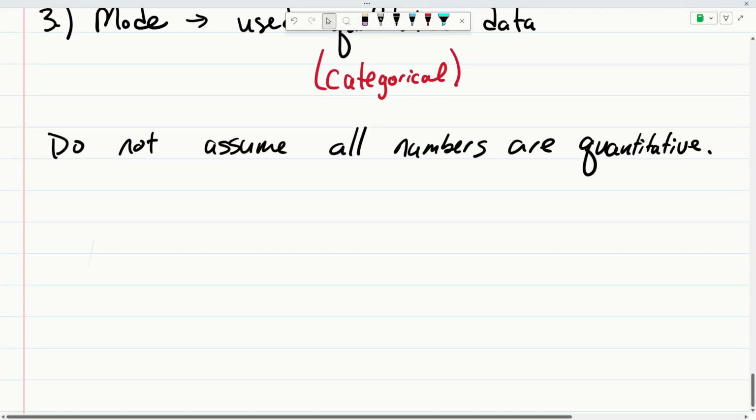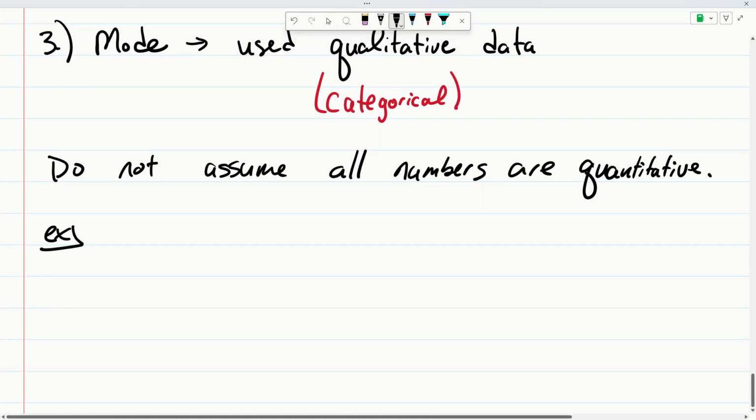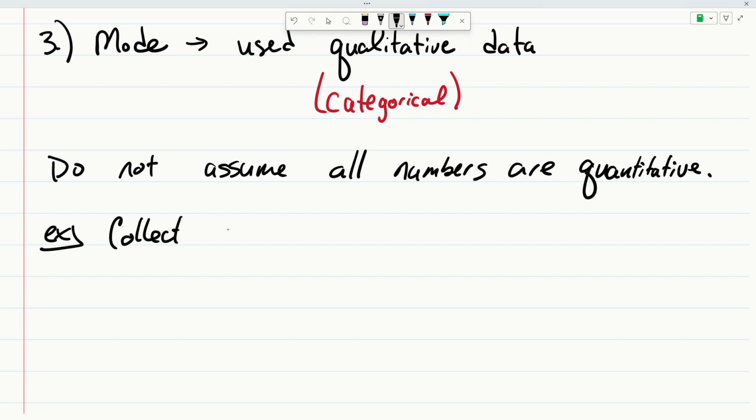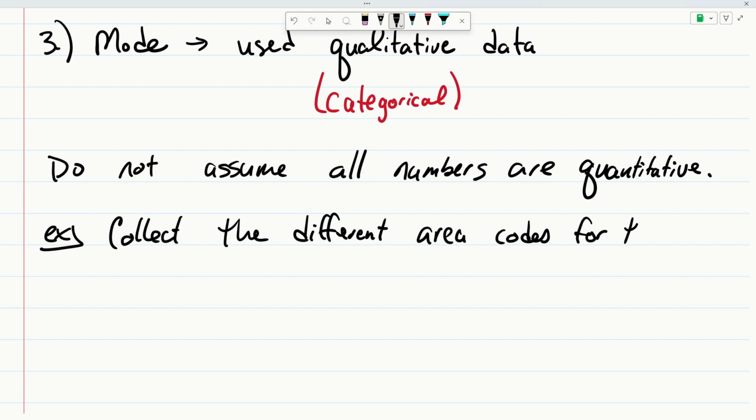Here's an example. Let's say we are in a room of 10 people, who cares? And our goal is to collect the different area codes for the people in the room.